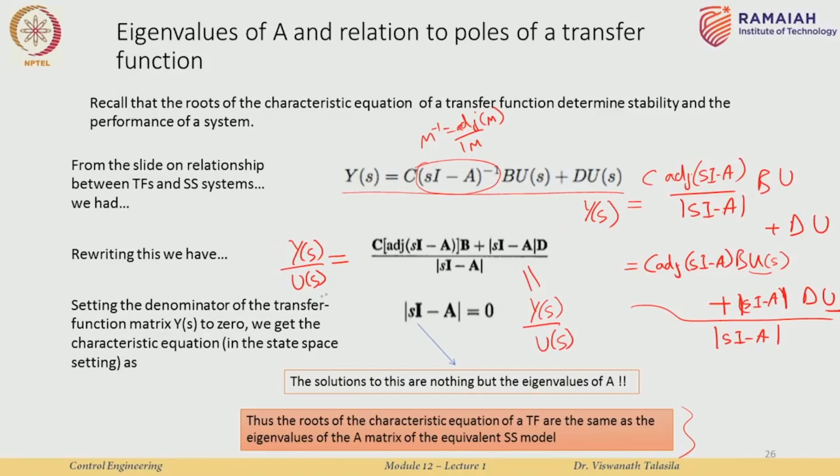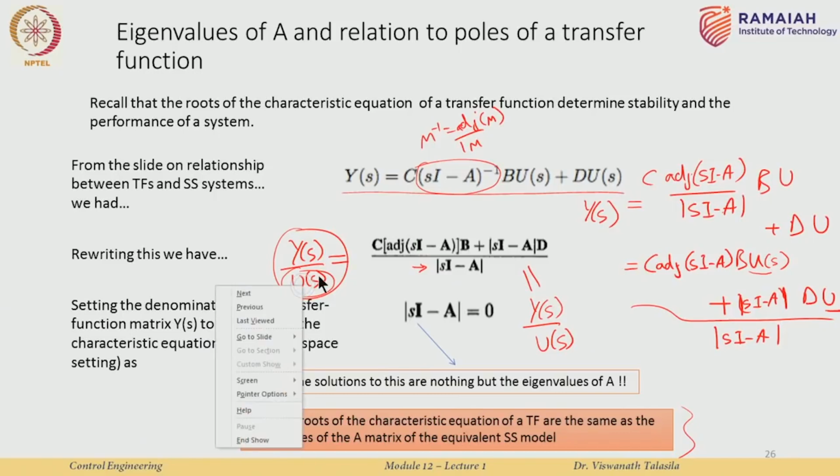Now this transfer function you see is equal to this one, with the denominator being the determinant of (sI minus A). How do you compute the poles of a transfer function? We basically take a look at the denominator and look at the roots of the denominator. The roots of the denominator are basically the determinant of (sI minus A), it is exactly the same.